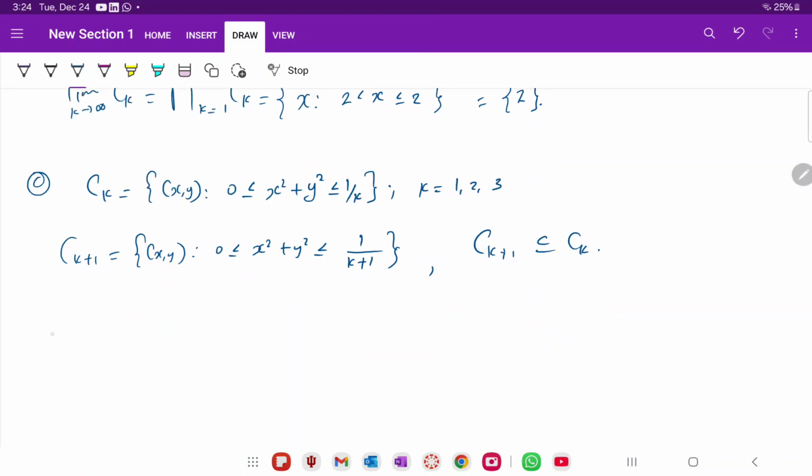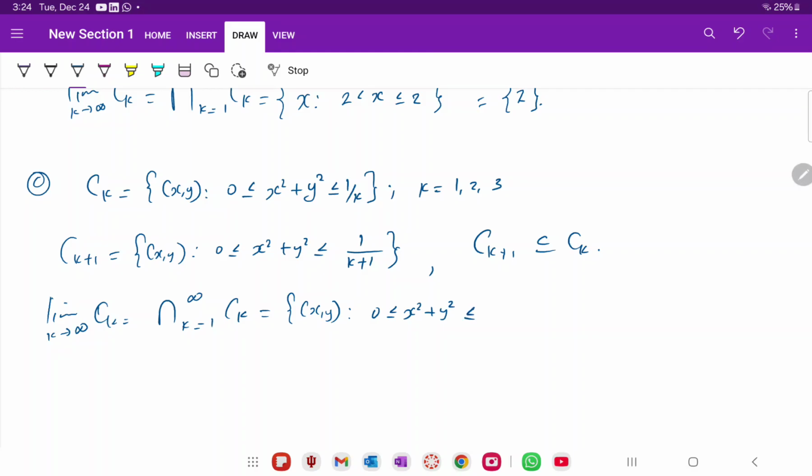So the limit of this also will be the intersection of k equals 1 to infinity of C_k, and that will be (x, y) such that 0 is less than x squared plus y squared.